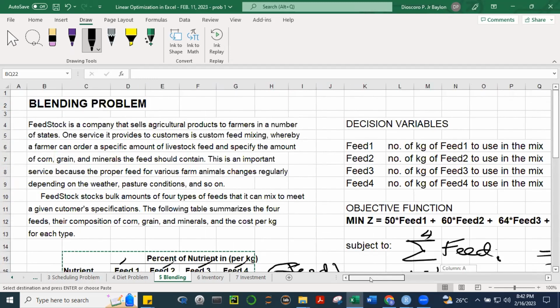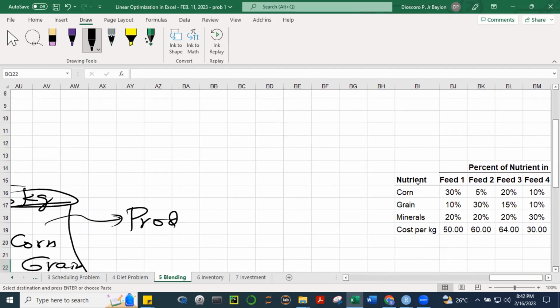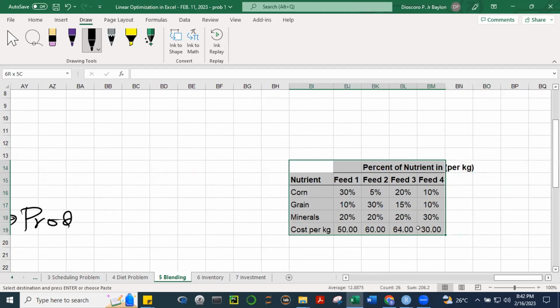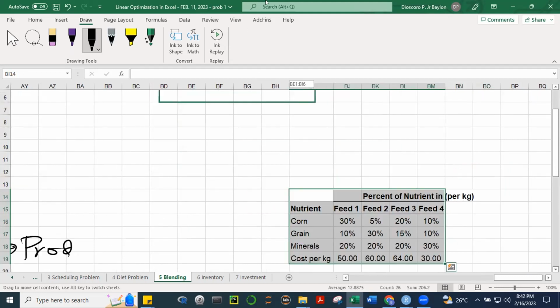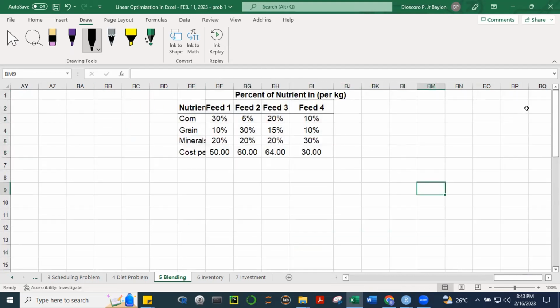So the decision variables, the objective function. Let me put this in line 1. All right, so let me pause our recording for a while.